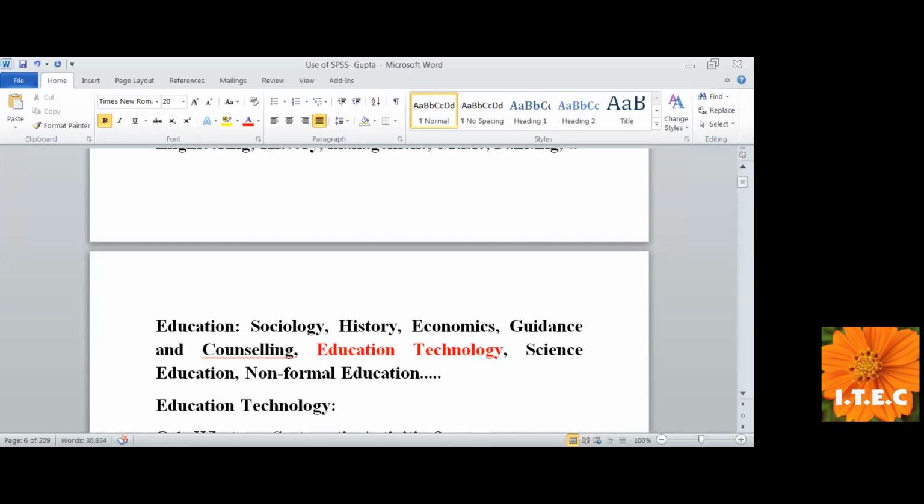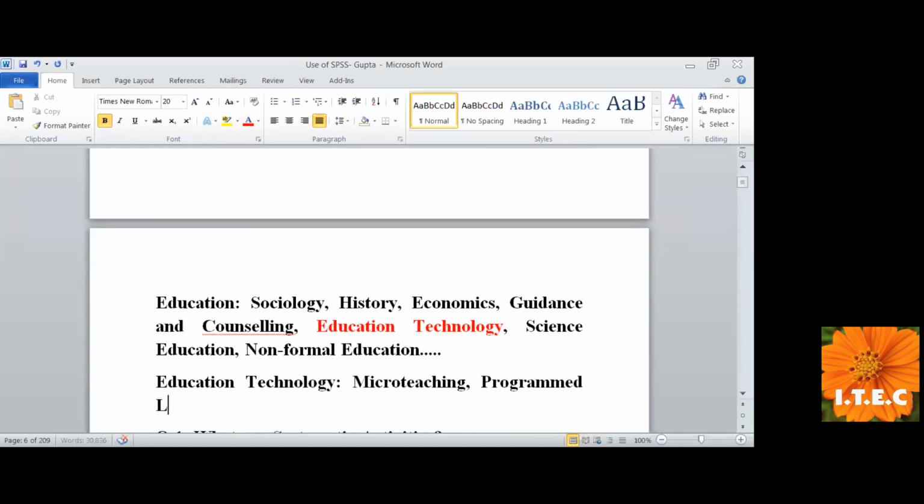Now here you have micro teaching, you have programmed learning, you have models of teaching, you have systems approach, like this. Suppose I decide to do research related to micro teaching.